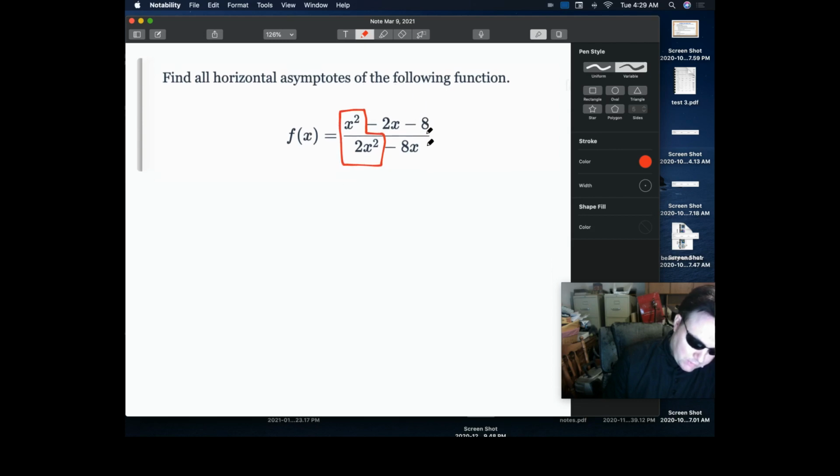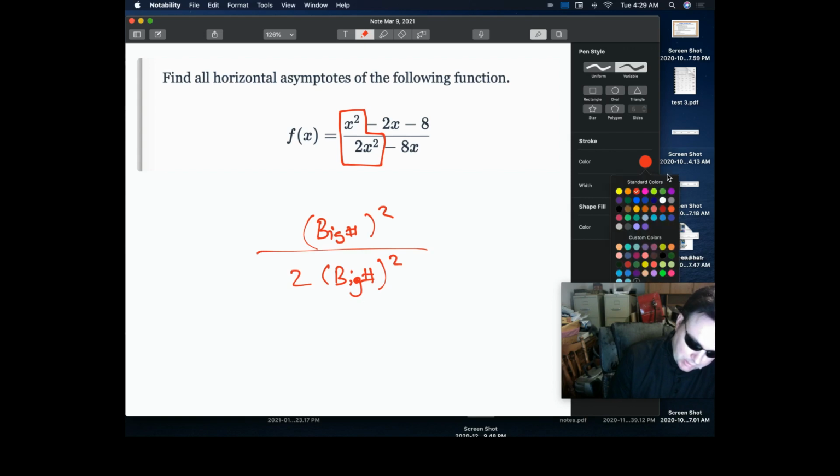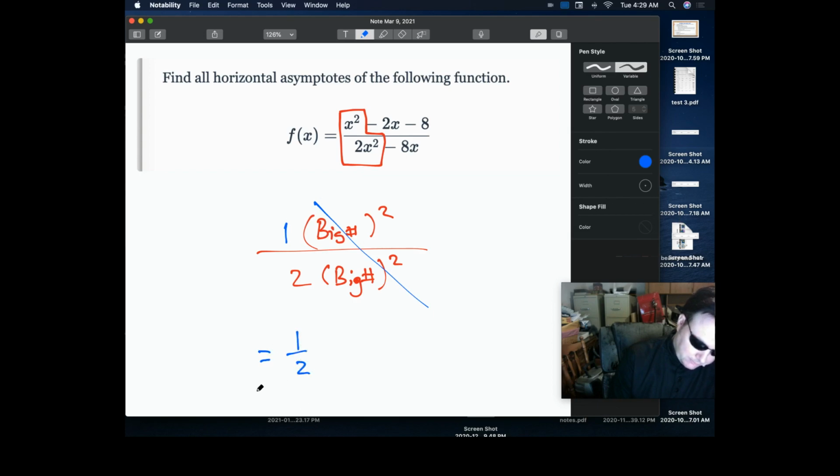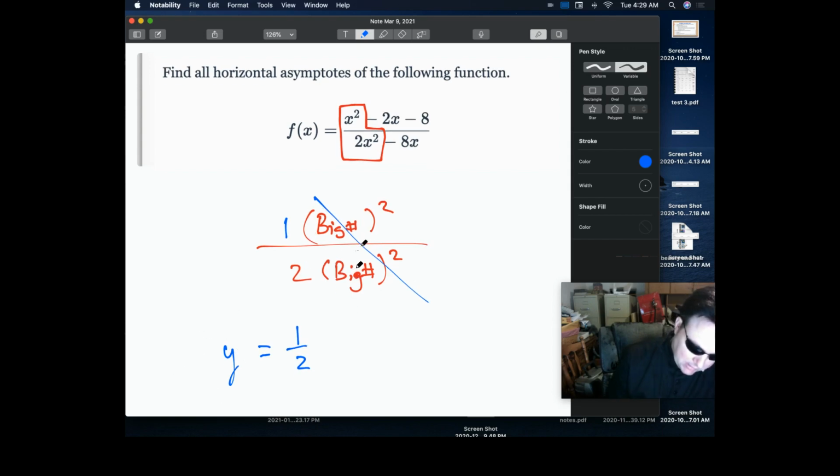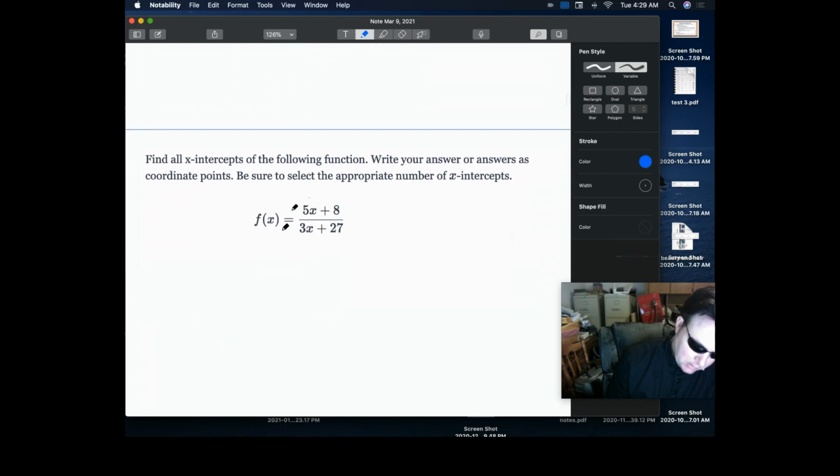And so for very large values of x, you have a big number squared over 2 times a big number squared, right? Well, the big number squares are going to do what? Well, we know the big number squares are going to divide out, and we're going to be left with 1 over 2. And that's your horizontal asymptote, okay? In other words, the top and the bottom are of the same size, and when that happens, we divide the leading coefficients.